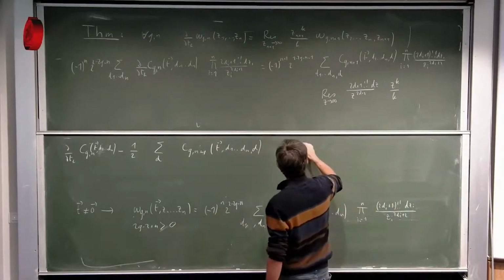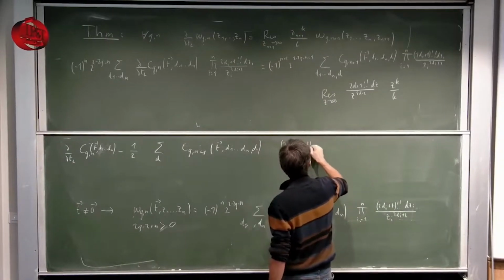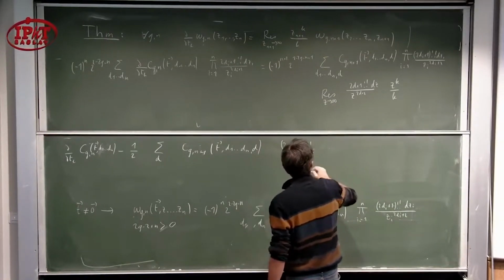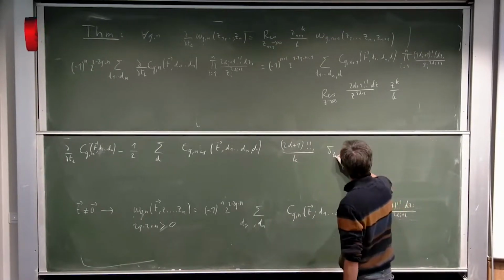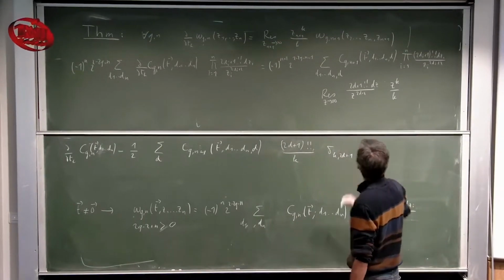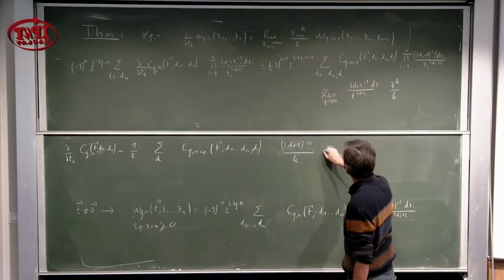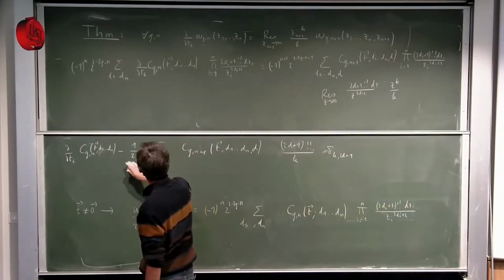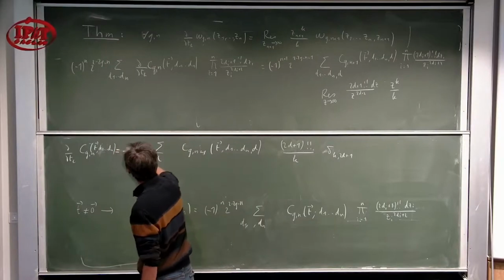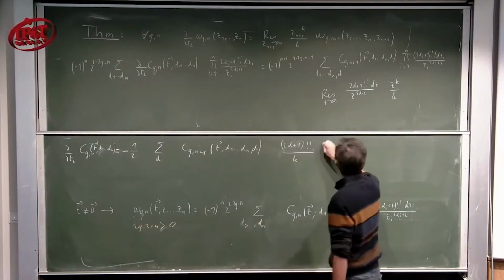The residue of (2d plus 1) double factorial over k is just delta_k, 2d plus 1. Sorry, minus. In fact, let me put the minus. So it's equal to minus times.